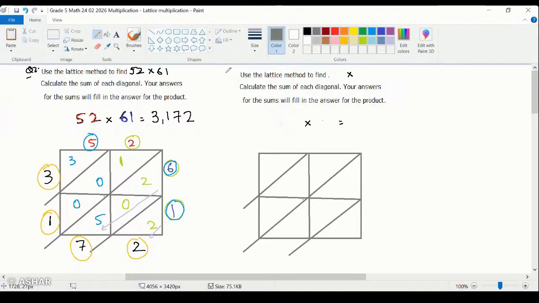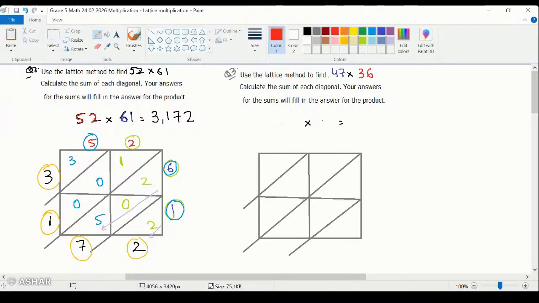Let's do question number 3. If the numbers given to us were 47 multiplied by 36.